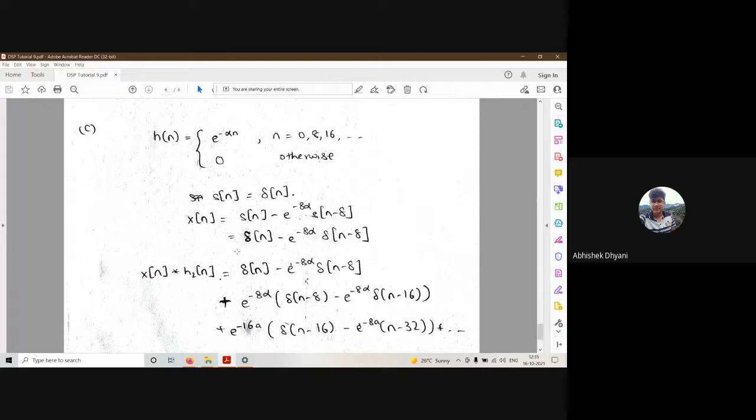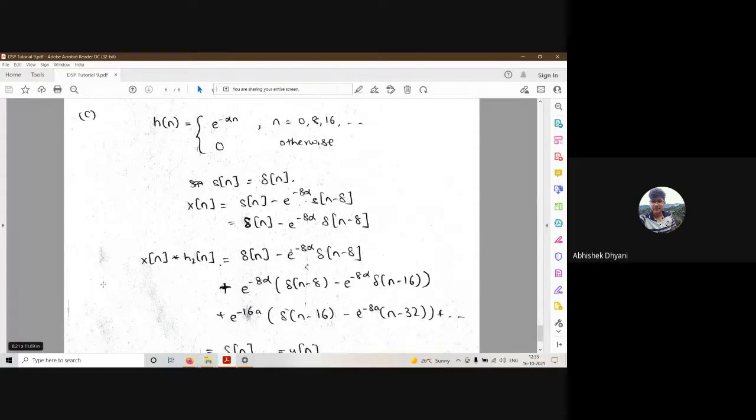Similarly, next time, and so on, we can evaluate this convolution.